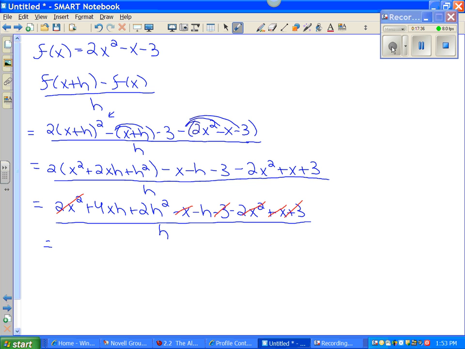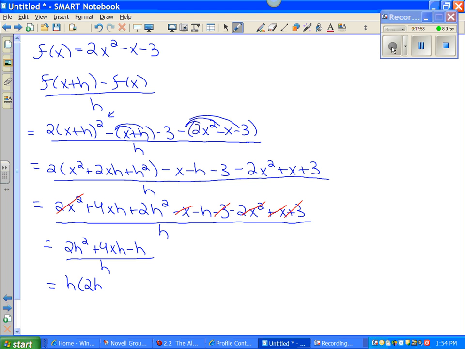So we're going to rewrite what we have. I'm going to put it in descending order just because it's nicer that way: 2h squared plus 4xh minus h, over h. And then in that numerator, I can do one more thing. We can pull out a GCF. So we're going to take out that GCF.